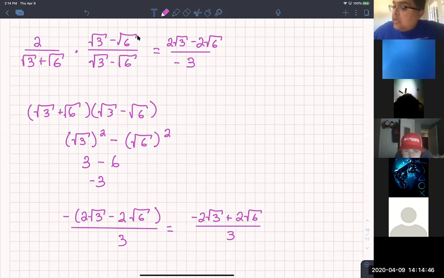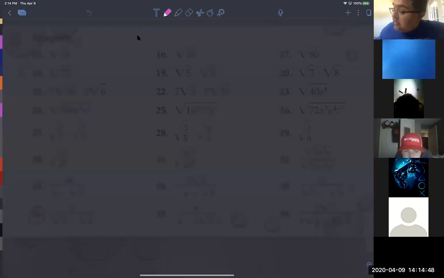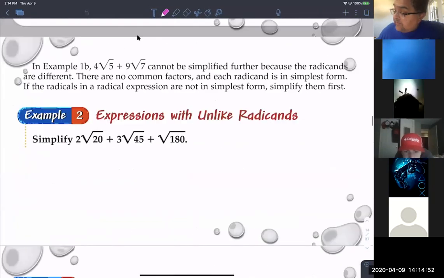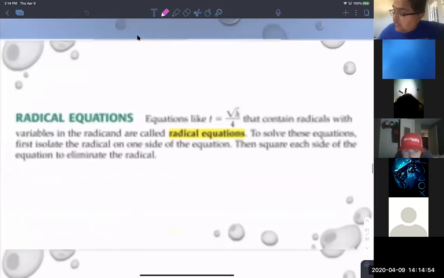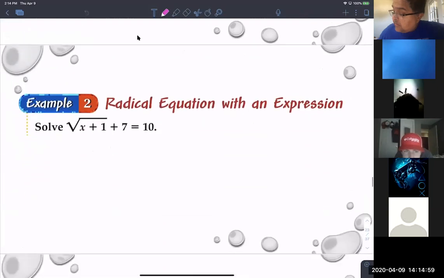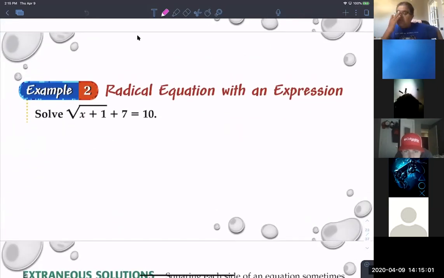Okay. So let's talk about exponential equations. Or not exponential equations, radical equations. And when we solve a radical equation, the first job is to isolate the radical.